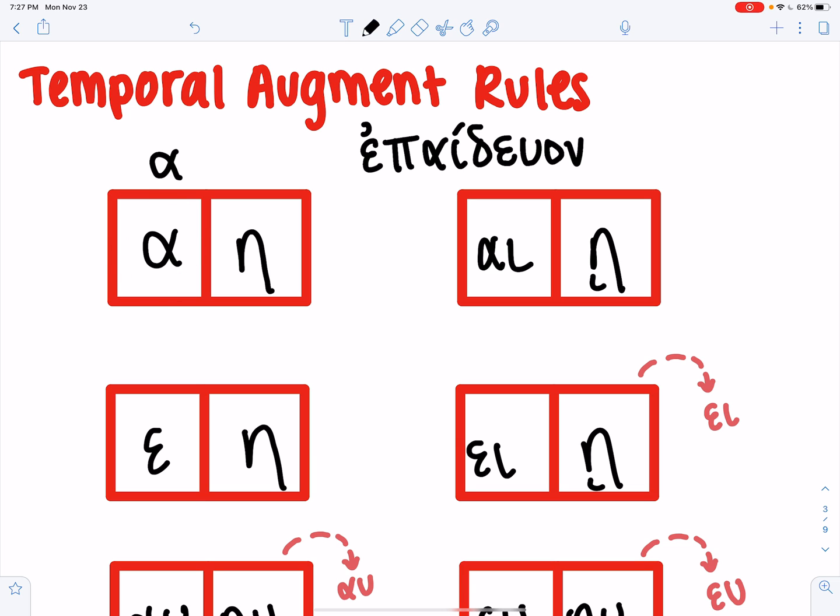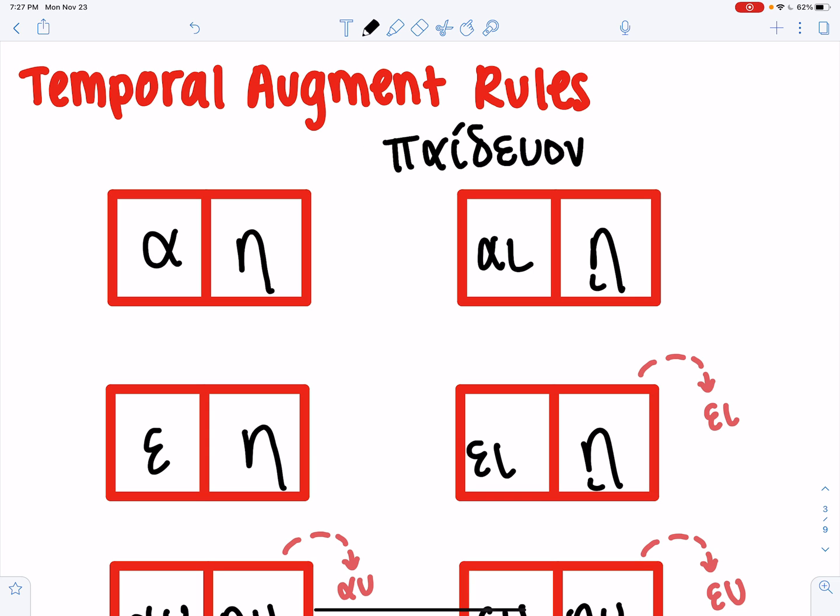Alpha plus epsilon turns into an eta. So instead of writing alpha epsilon, because that's not a diphthong or anything, you're going to just write eta in front of the word. So for the example's sake, just imagine that this was a paide-won.